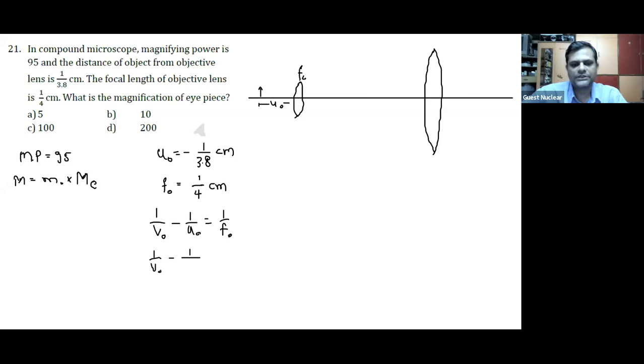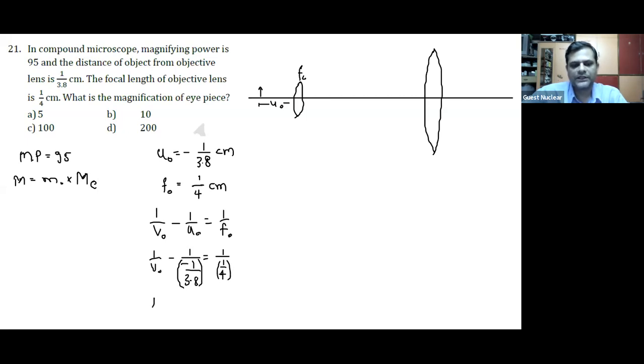So if we just put this here, then we can get this minus 1/3.8 kept as it is in the denominator here, which is going to be equal to 1/FO, where FO is actually 1/4 centimeter. So this 1/4 is again put here as it is. Okay, and then we can just try to find this out, VO here.